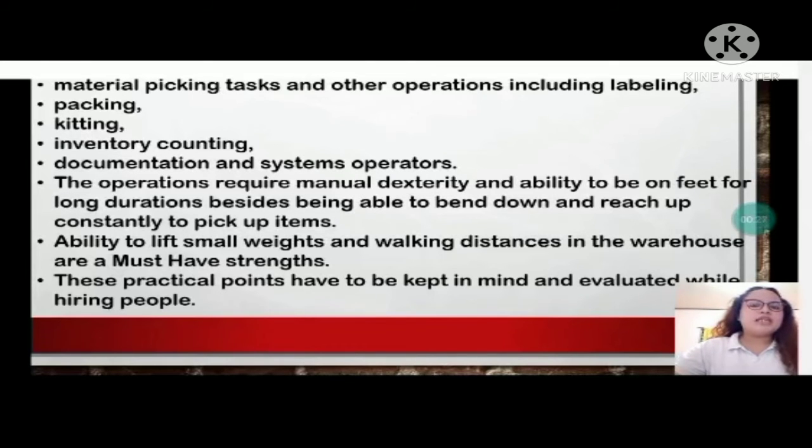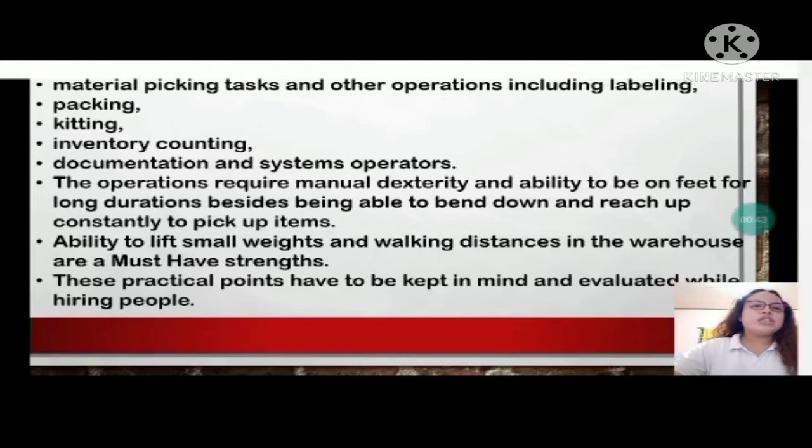Kitting is the process of combining products together to create a bundled item. Next, inventory counting. The inventory count or stock taking procedure refers to the physical verification of the quantities in an inventory or warehouse and what kind of condition they are in. The purpose of this procedure is to determine the actual inventory.